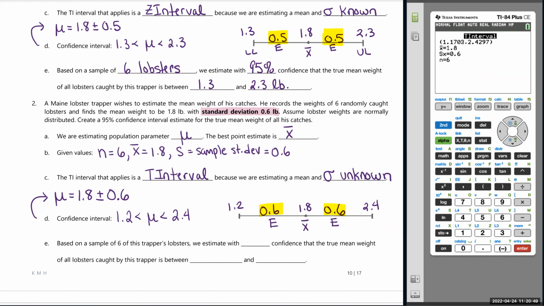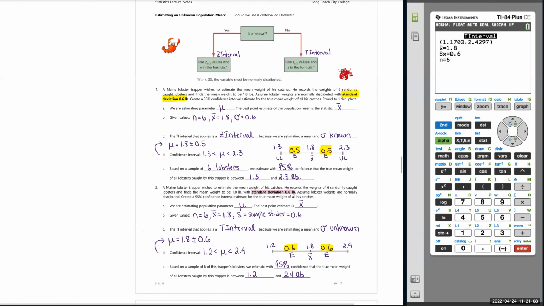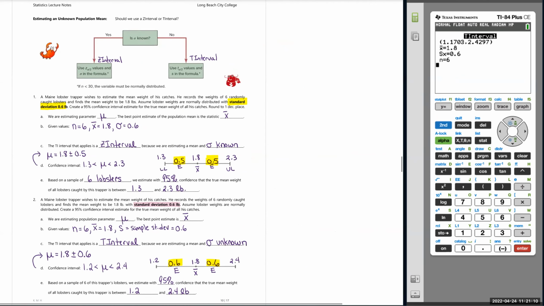And based on a sample, now we can say with 95% confidence that now we've created a larger range of possibilities, between 1.2 and 2.4 pounds. All right. And that, what I call the Lobster page, summarizes estimating a population mean.